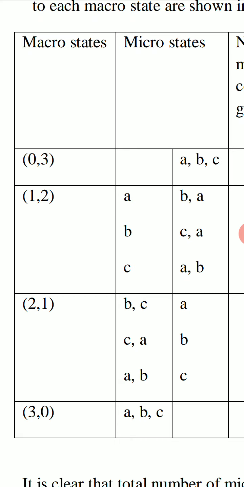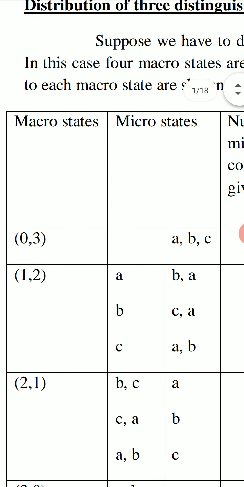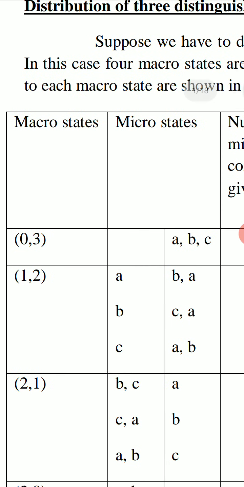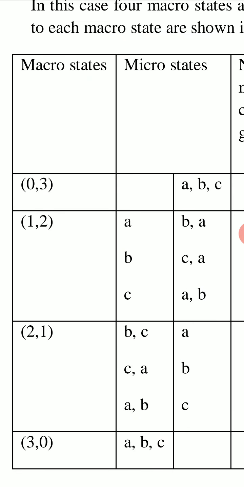So corresponding to the macrostate 0, 3, only one microstate is possible. First box is empty and all these 3 particles A, B, C are in second box. But for macrostate 1, 2, there are 3 microstates. 1, 2 means number of particles in box 1 is 1 and number of particles in box 2 is 2.